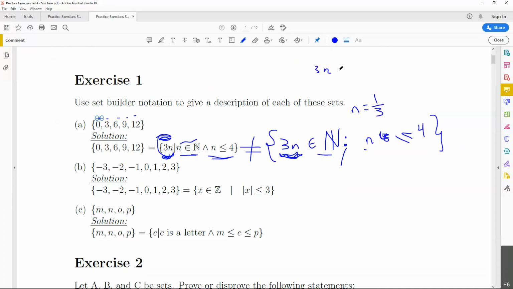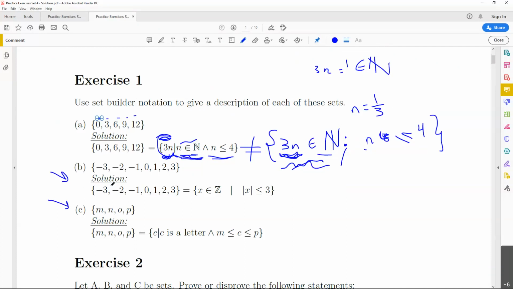So 3n is going to be 1. It belongs to the natural numbers, so that's fine. I satisfied this condition. And hey, 1 over 3 is less than 4. So I satisfied both conditions. So you have to be careful with how you set your notations. So n belongs to the natural numbers, not 3n.